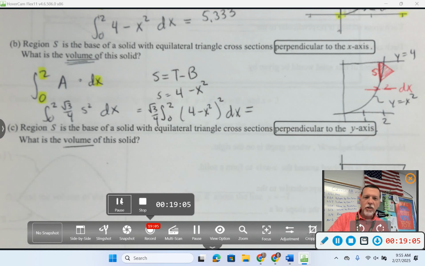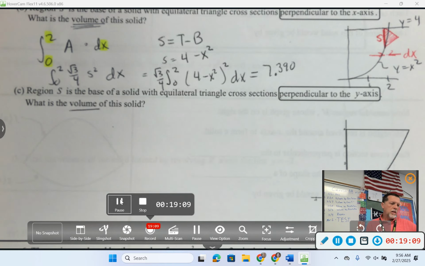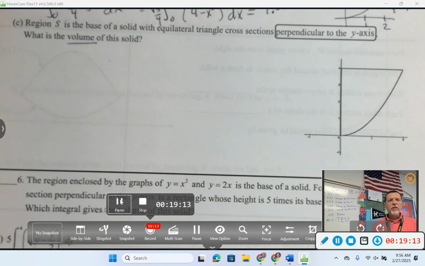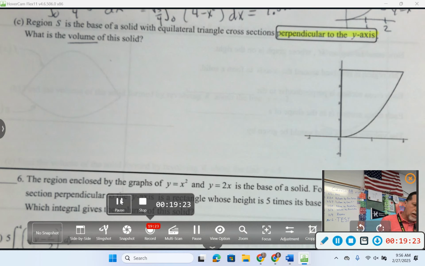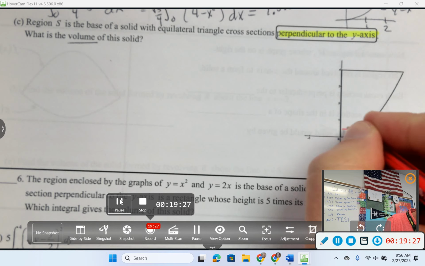Like, part C. Region S is the base of a solid, equilateral triangle cross sections, perpendicular to the y-axis. So that means my triangles are kind of going this way.